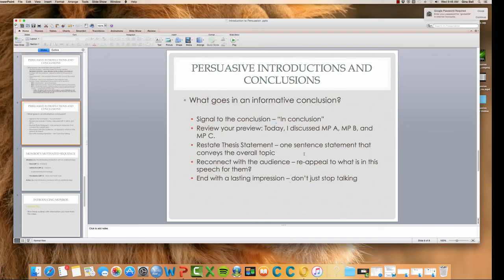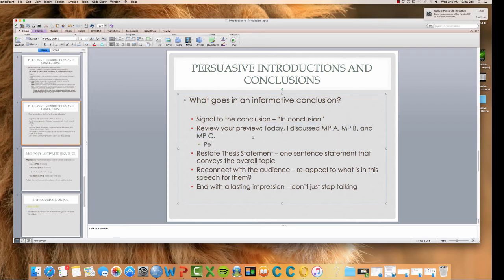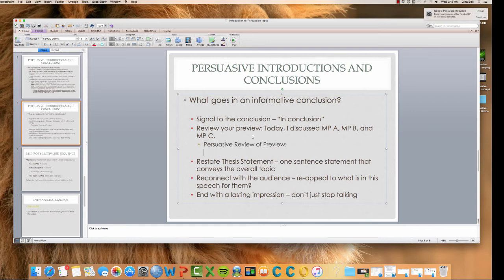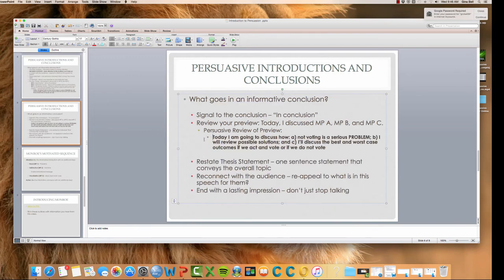So when you get to this idea, review your preview, instead of the informative way, today I discussed main point A, main point B, and main point C, the persuasive review of preview sounds something like this. Today I discussed.